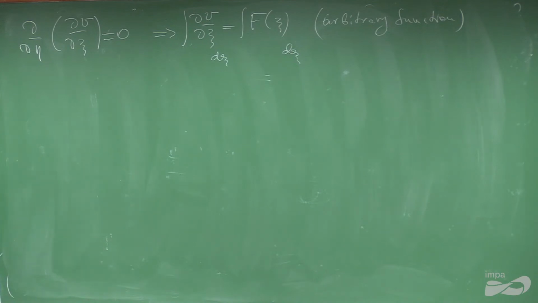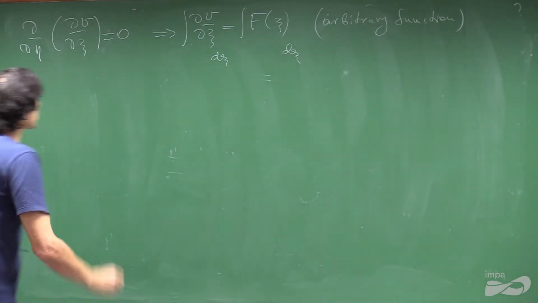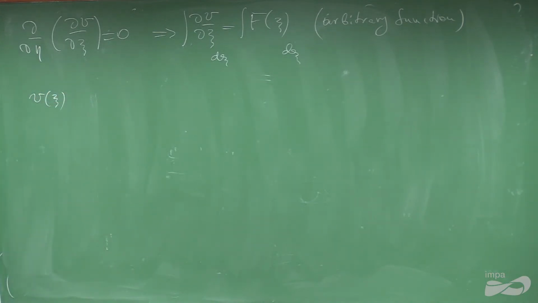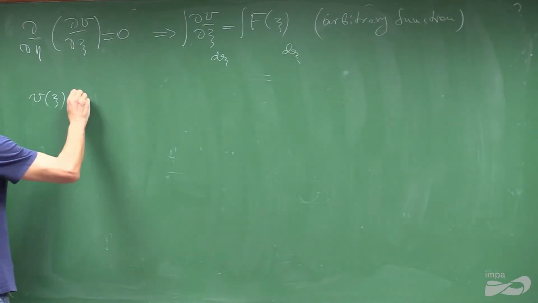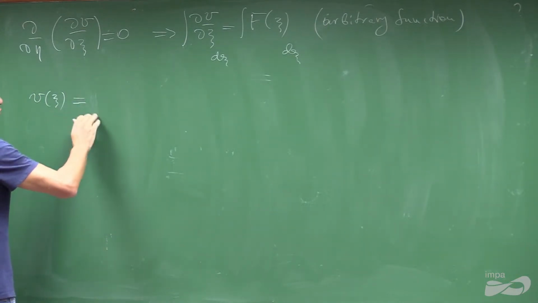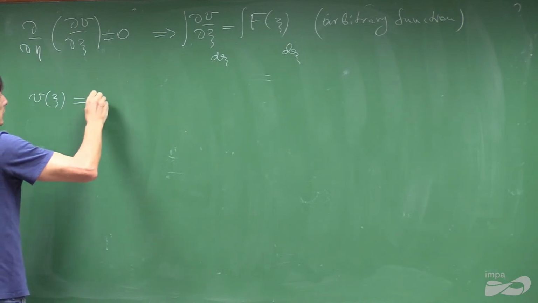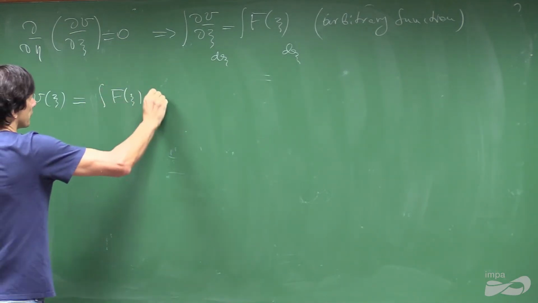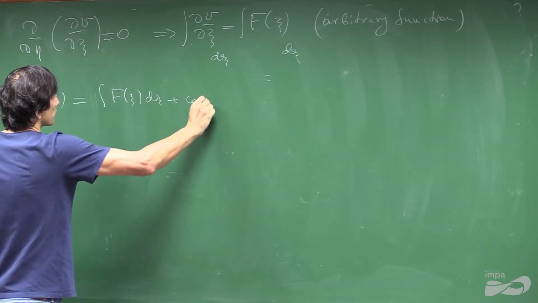So what you get on the left, you get v psi, right? Because integrating a derivative, you get v. There will be plus constant that we put to the right hand side. It's integral of f psi d psi plus constant.